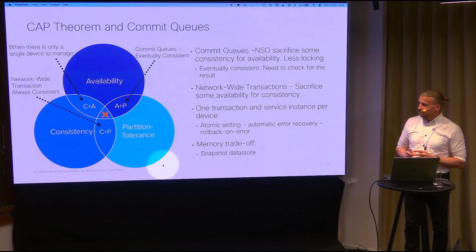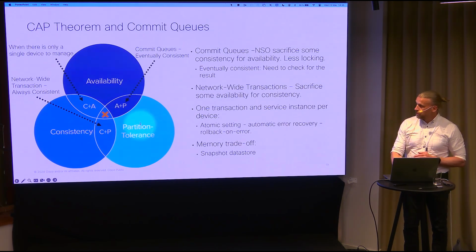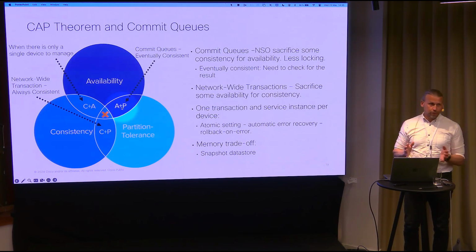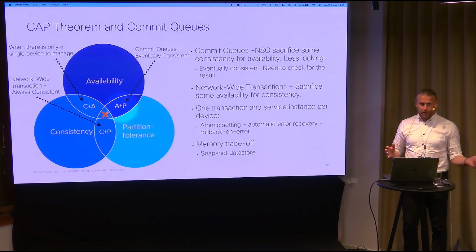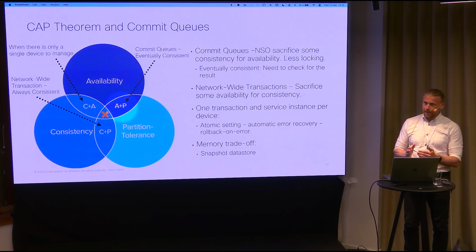If you want availability and multiple devices, multiple things being done concurrently, with commit queues you will have to sacrifice some consistency. CDB is updated, the commit queues are populated, and now you let the next transaction in. So what happens if something fails?